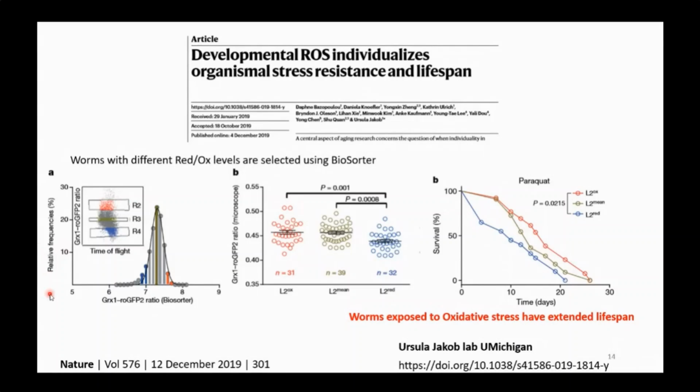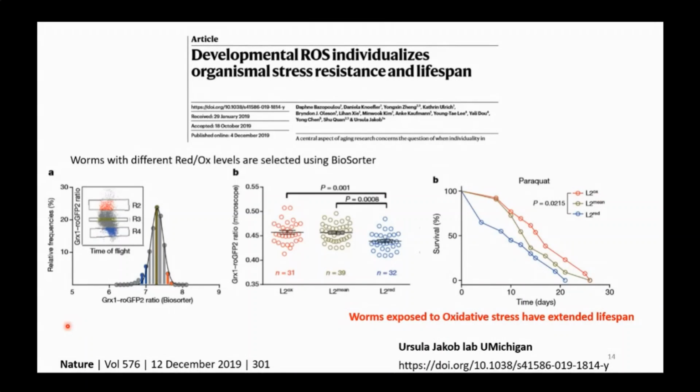And so what they're using our sorter for is to sort C. elegans which express a GFP biosensor, a redox-sensitive biosensor, and based upon redox potential, they can sort the different populations from these worms. And they can use this data to then correlate this redox potential in the worms during development to longevity.